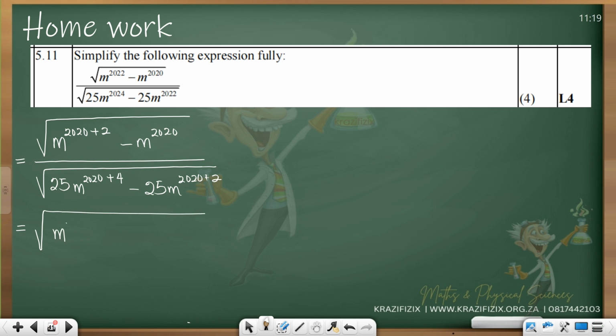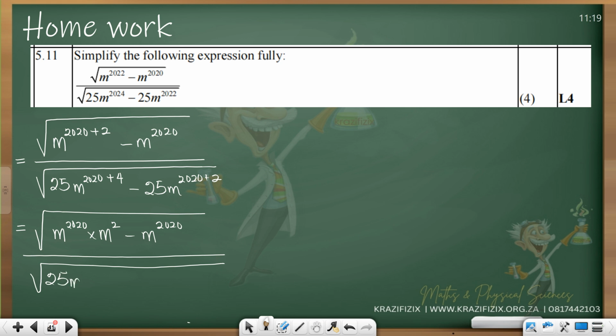The top, I can actually write this as m^2020 times m to the power 2 minus m^2020, over. Okay, look at this. What do you think is common here? 25 is common. m^2020 into bracket.